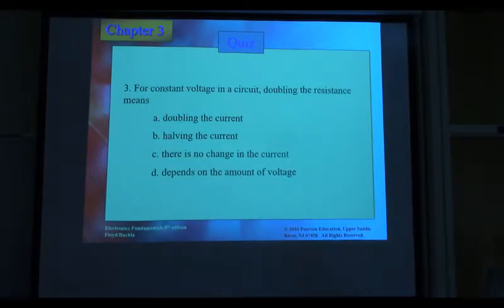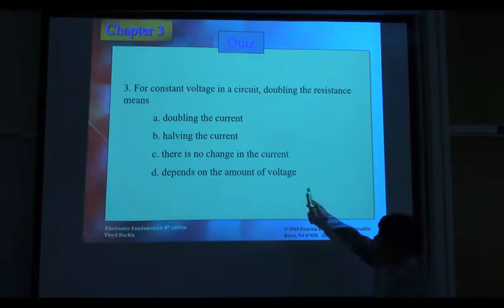For constant voltage, voltage is constant. Doubling the resistance means... this one tests our Ohm's law. So first, what is Ohm's law? You write this one on the paper. We are looking for current.